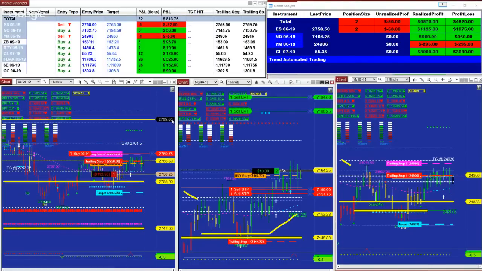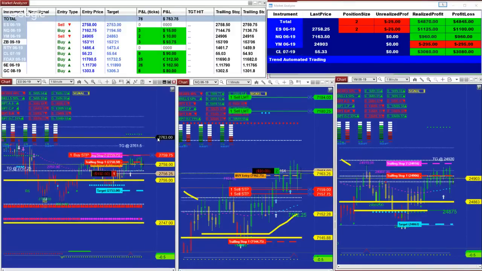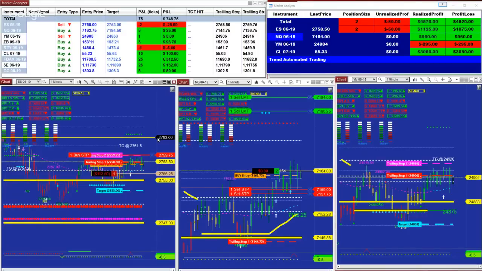Now the ES is trying one more time. If the ES breaks the 59.75 again, we are in a very good, safe direction. So now the ES is trying.